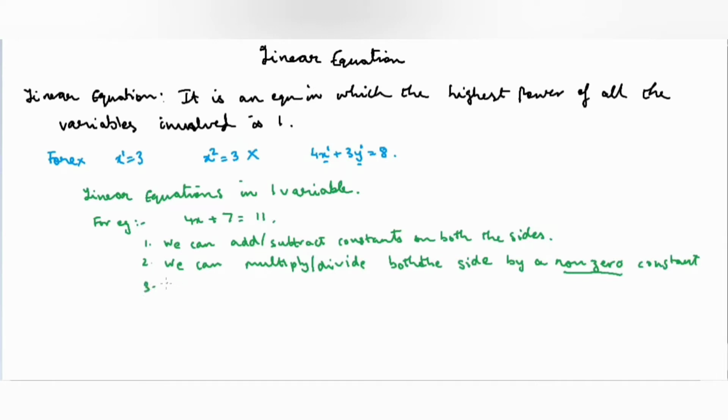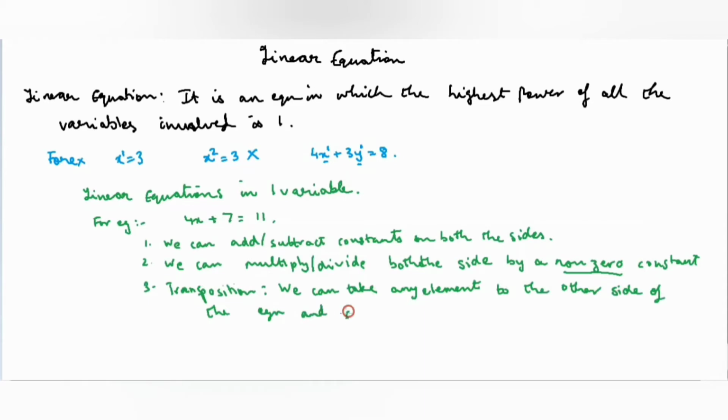The third thing which we can do is known as transposition. This means that we can take any element to the other side of the equation, and once we take it to the other side, the sign gets reversed.